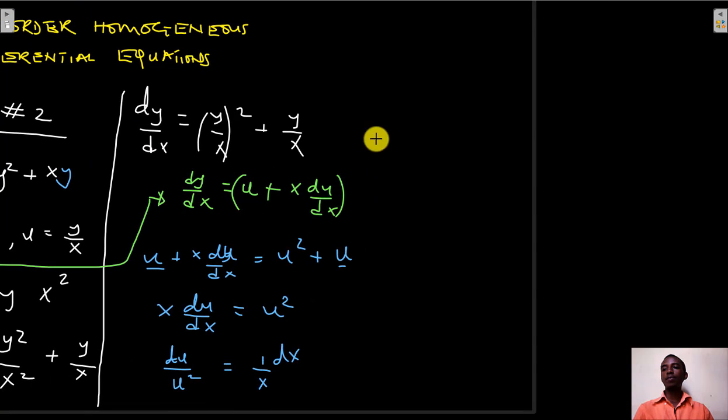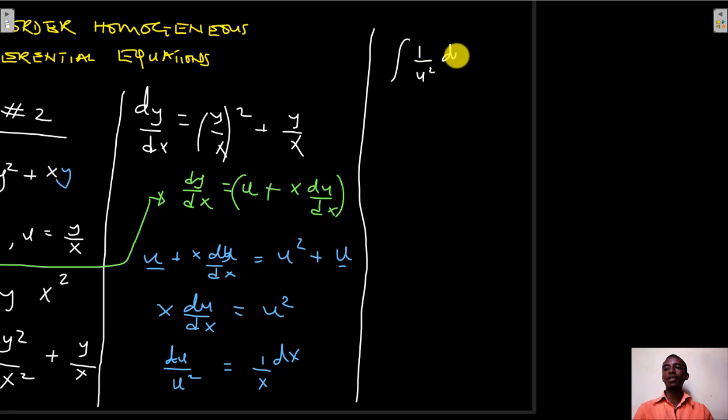If we apply integrals to both sides, I like to write this as the integral of 1 over u squared du, and then we have the integral of 1 over x dx. So what's the integral of 1 over u squared? That's negative 1 over u.